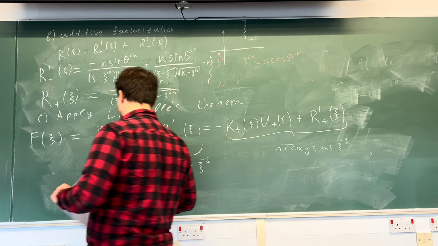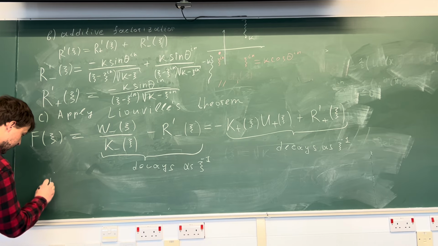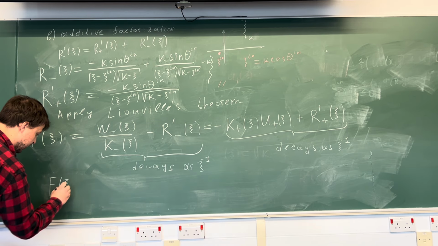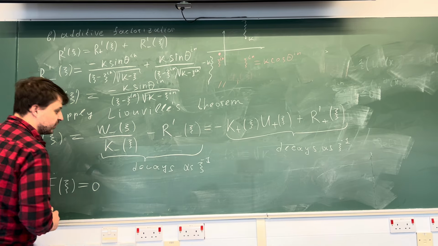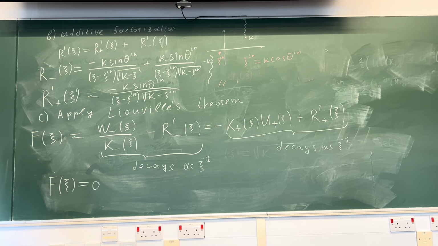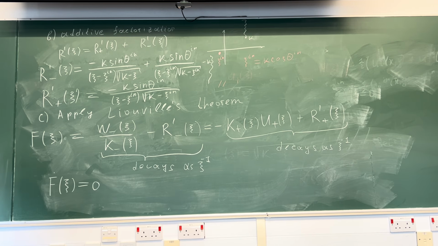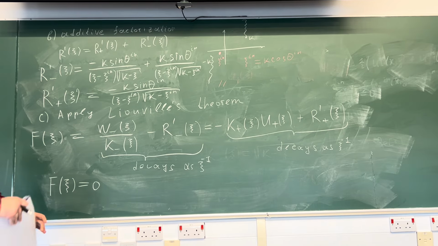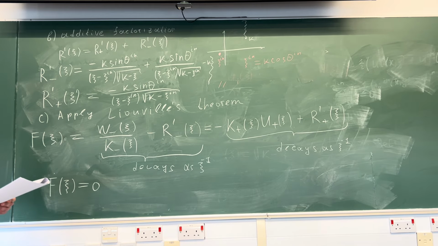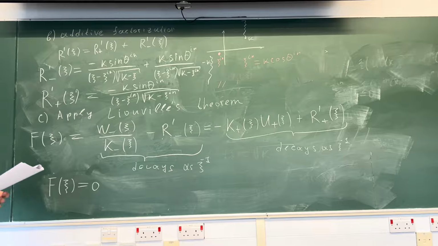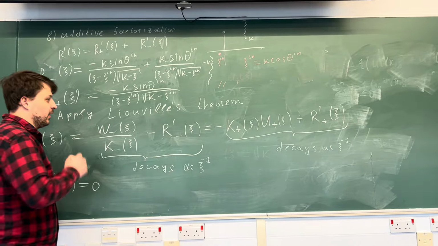Thus, our conclusion is that f of psi is 0. It's constant, and this constant is 0 because we have decay, well, not exponential, but algebraic decay. And that's it. We have our solution.